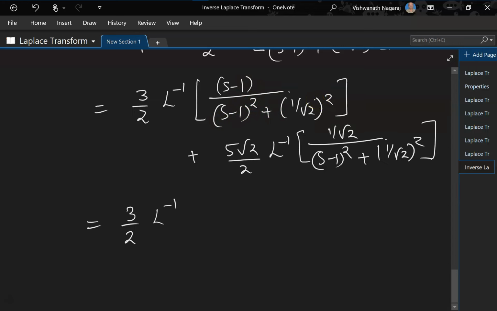Right? So here the function whose Laplace transform is this is e to the power of kt cos at. Actually, I don't have to write this inverse Laplace. I can directly write e to the power of kt cos at. Now here k is what?